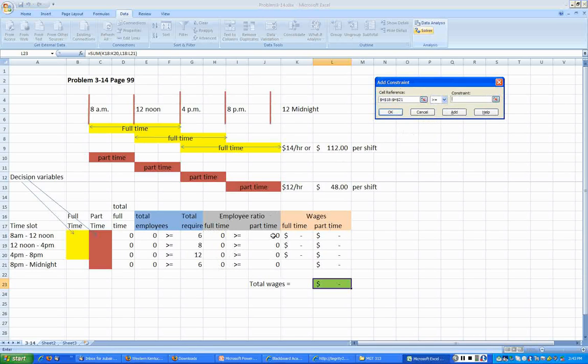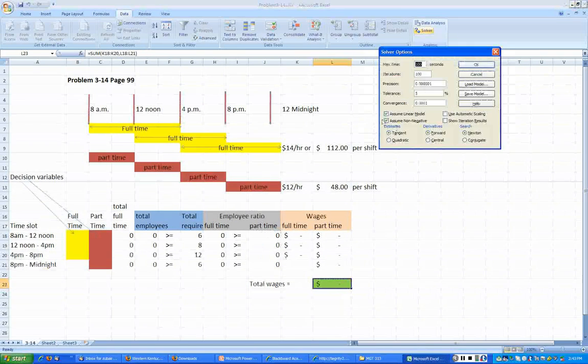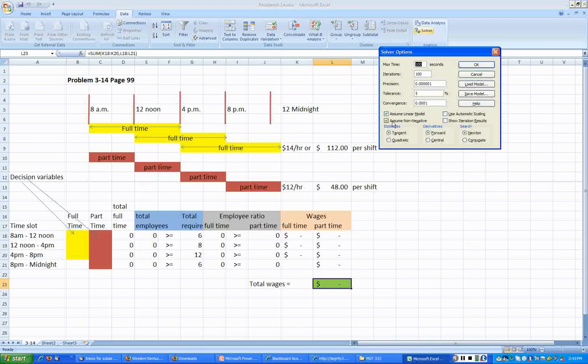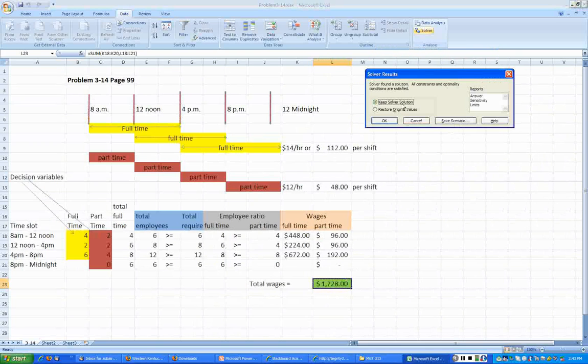That relationship is right there, so we have passed that information. Click OK. Options: Assume Linear, check that one. Assume Non-Negative. Those 2 boxes should be checked. Click OK and Solve. Solver found a solution.